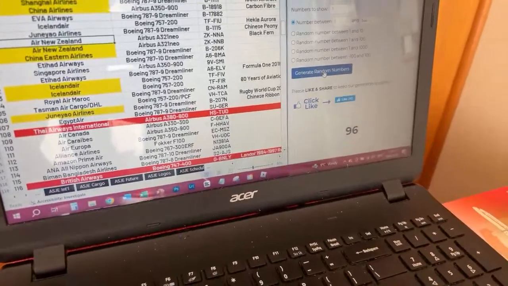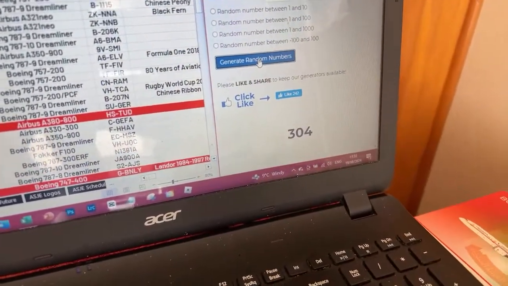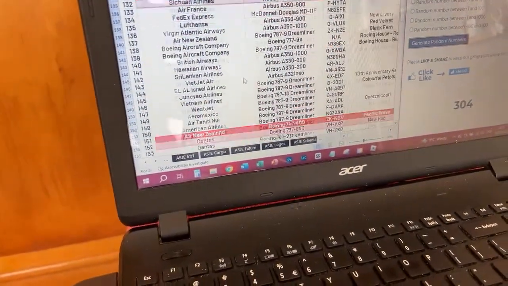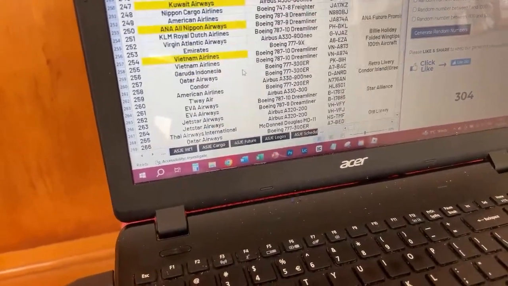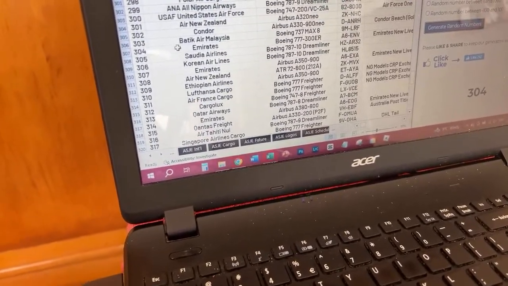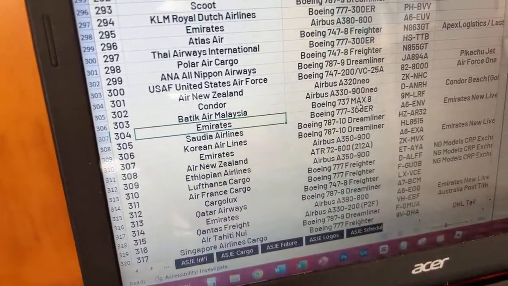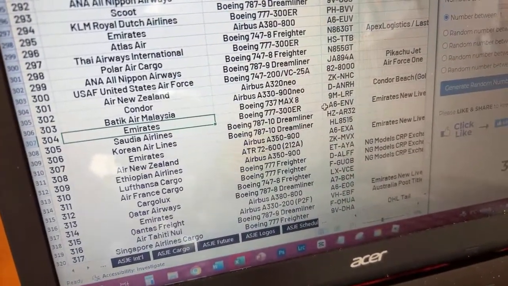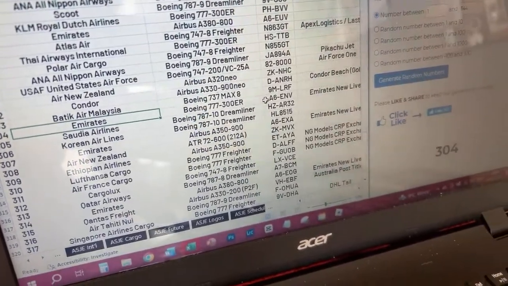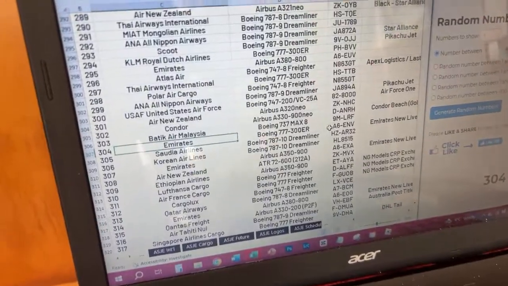So let's go ahead and check out what the next model is going to be released. Sorry, the next one that I'm going to be picking out. 304 just here is the Emirates Boeing 777-300ER with the new livery by AV400. Not a narrow body, but the one above it is.